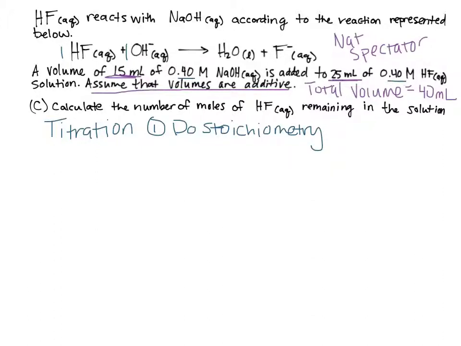So one of these things is going to run out first. That's going to help us. Later in this part of the question, you're going to want to do an ice table. I'm pretty sure we're going to have to leave that until parts D or E, so we'll worry about that later. Okay, so let's make a fake ice table with moles.